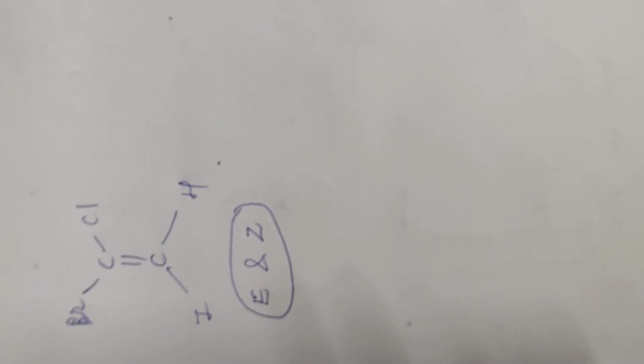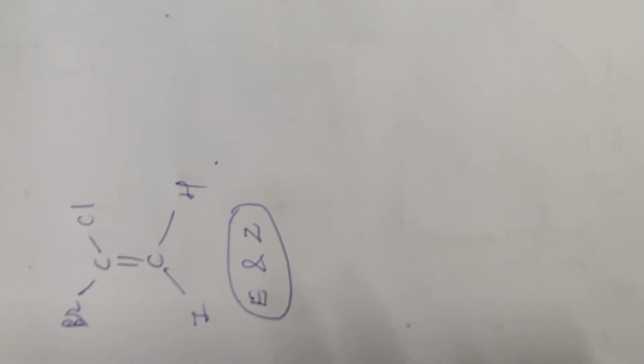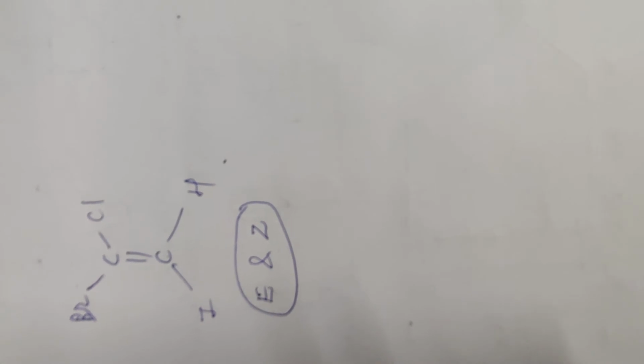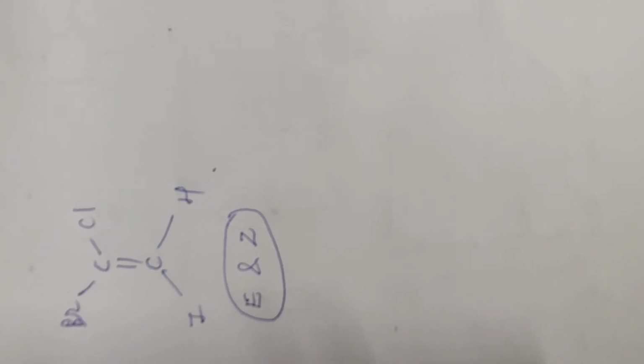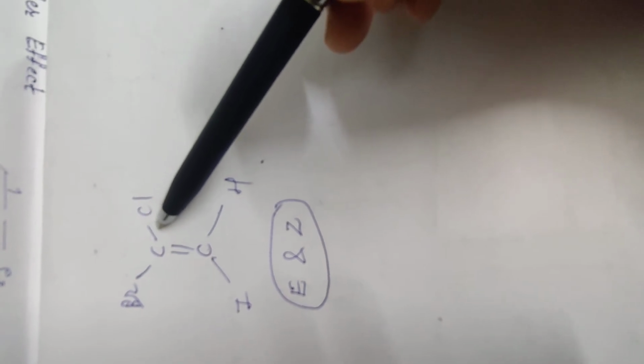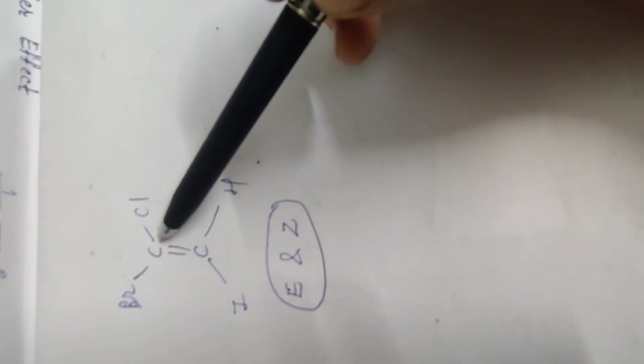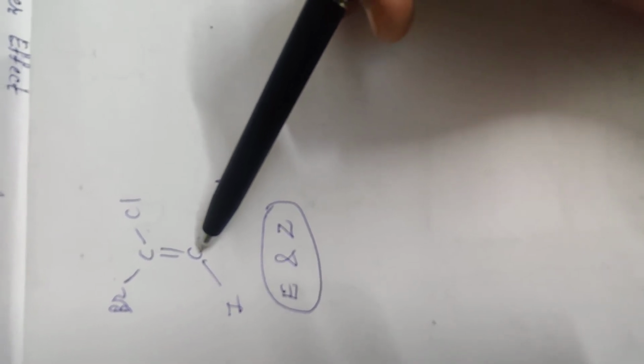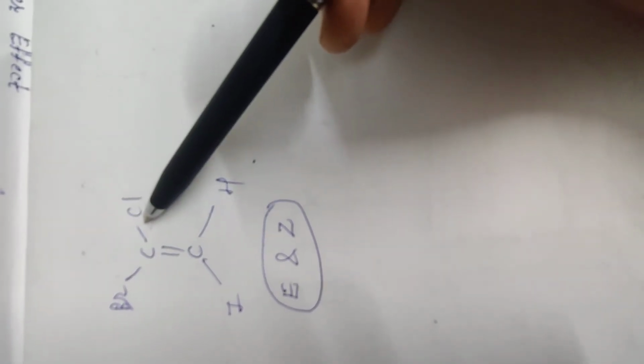Means we give a priority to atoms according to the atomic number. So in that case, here is a compound, with the atoms and groups attached to each doubly bonded carbon atom. This one is a doubly bonded carbon atom, this is also a doubly bonded carbon atom. Then what we do, we give the priority.